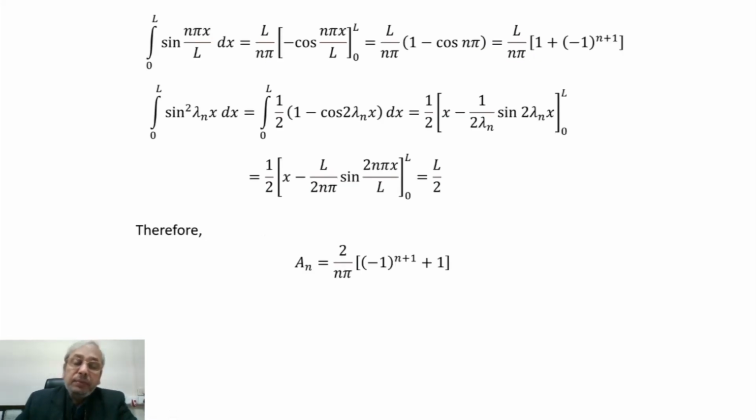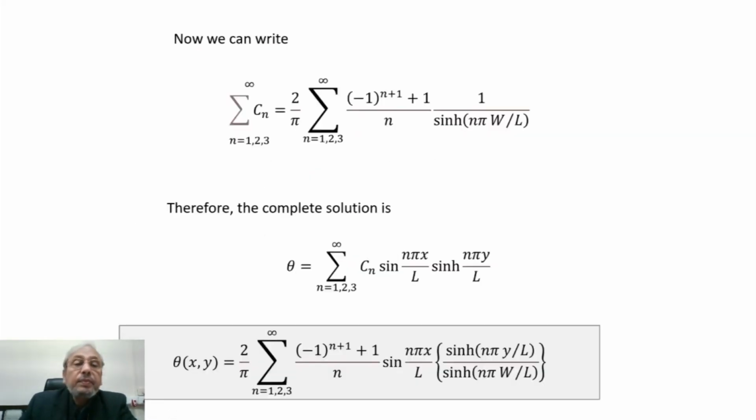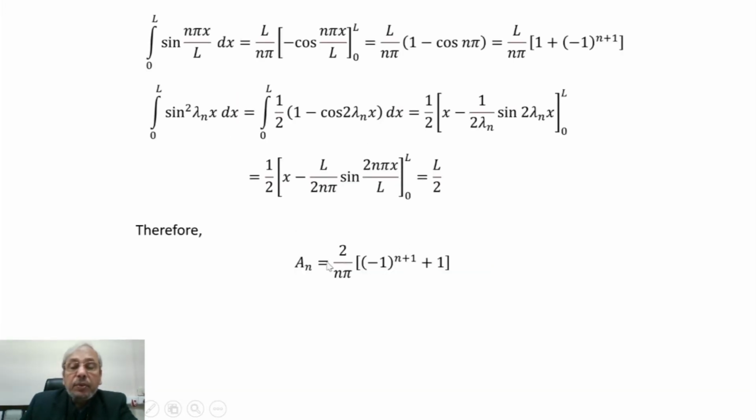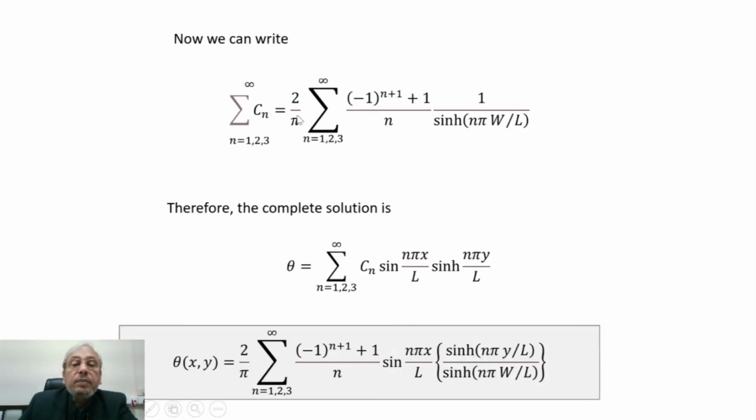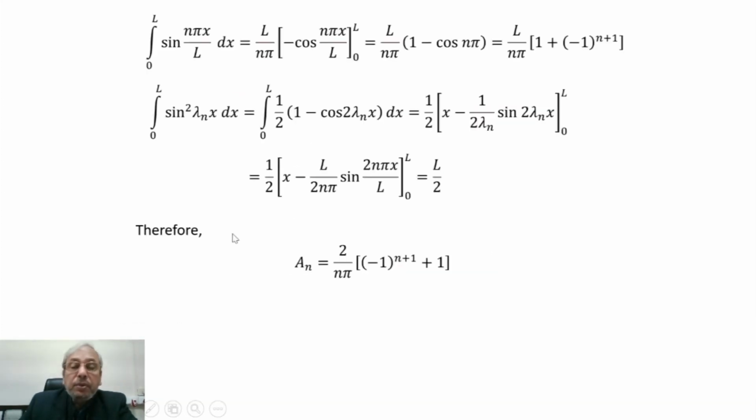So an we have shown how it is obtained, and then we can write Cn, n equal to 1, 2, 3 up to infinity, equal to twice pi into again the summation over n equal to 1, 2, 3. So an we have written as (minus 1) to the power n plus 1, plus 1, by n. So that is what exactly we had to write, and 2 by pi we have taken out, the numerator divided by n.